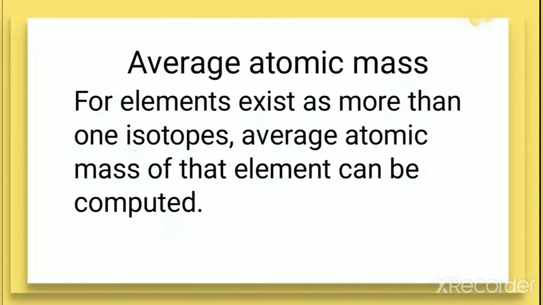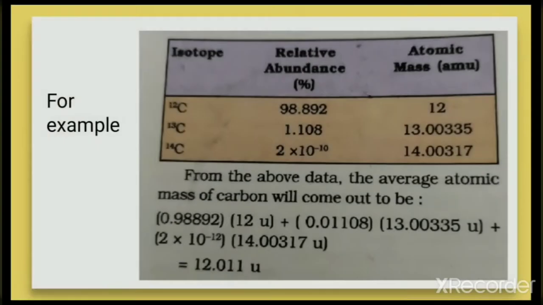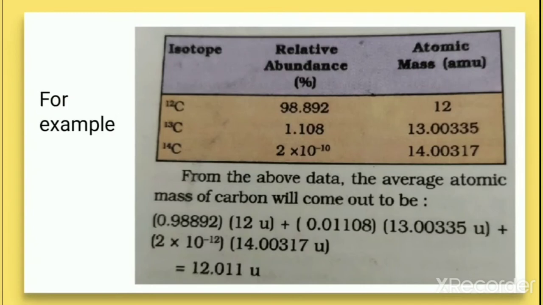But in the case of an element which has more than one isotope, the average atomic mass of that element can be computed. Let us take one example. In the case of carbon, there are 3 isotopes of carbon. These are C12, C13, C14. The average relative mass depends upon the isotopic composition of that particular element.